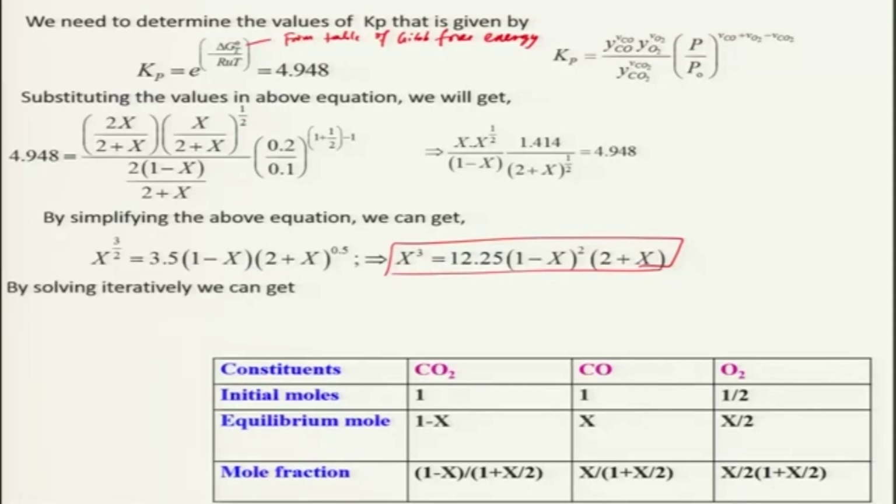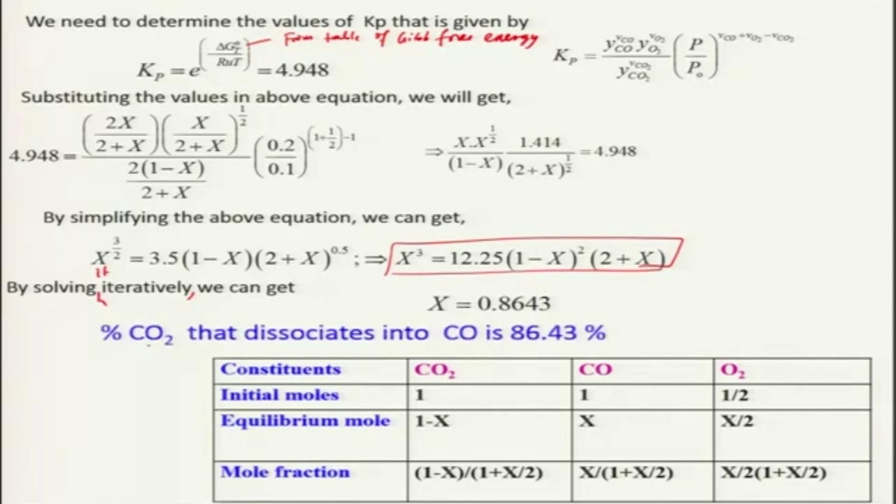By solving it iteratively we can get x equal to 0.8643, right. That means the percentage of carbon dioxide dissociated into CO is 86.43.